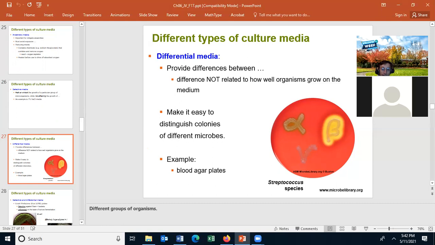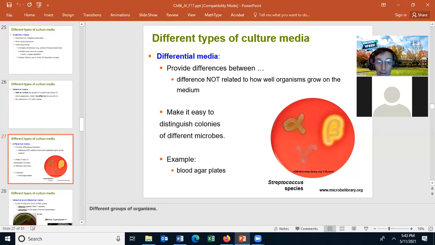The differences in the differential media are not related to how well the organism grows on the medium. So they may not grow equally well on the media, but the two species will appear visibly different. And so it makes it easy to distinguish colonies of different microbes. An example of a differential media is blood agar plates.